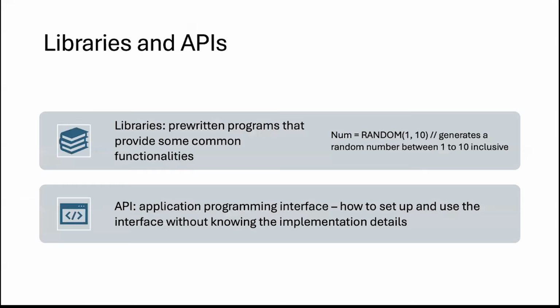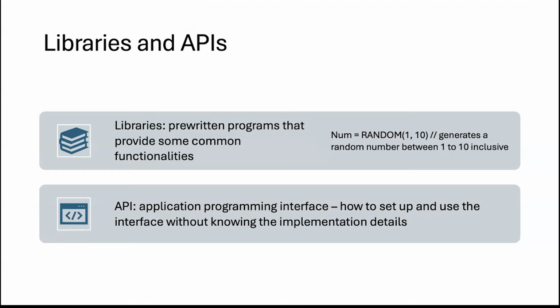When we have lots of functions that we can use later on for other algorithms, they're usually called libraries. Libraries are pre-written programs that provide common functionalities that everyone can use. For example, in this case, there's a library that provides the random functionality, which is going to generate a random number between 1 and 10, inclusive.